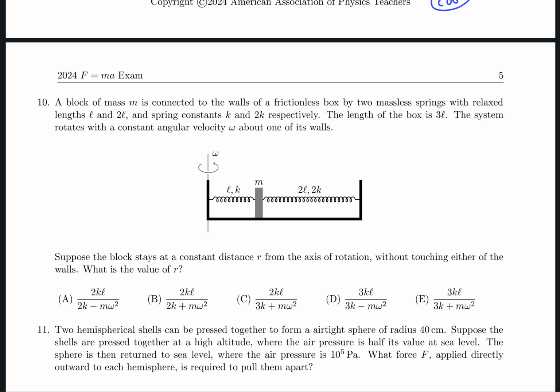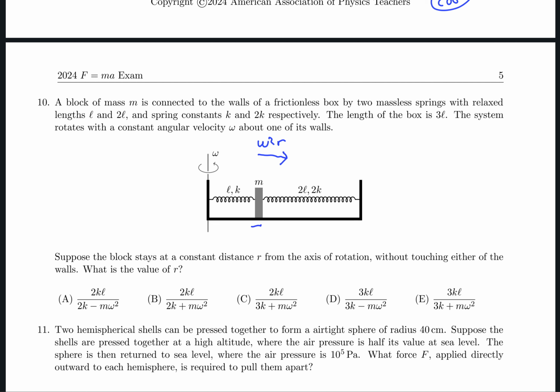This is tough. Okay, we're gonna use fictitious forces for this problem. The fictitious force pushing outwards is equal to omega squared r. Yeah, I think that's the formula.